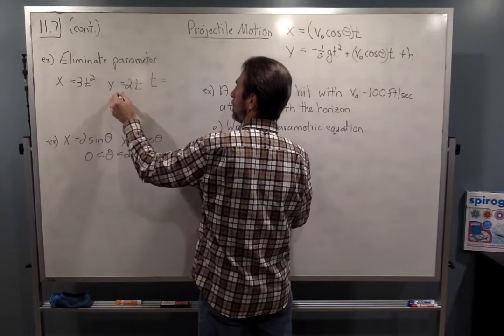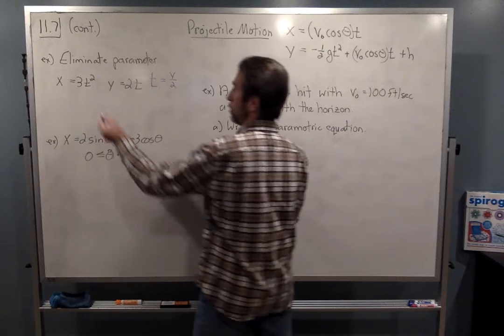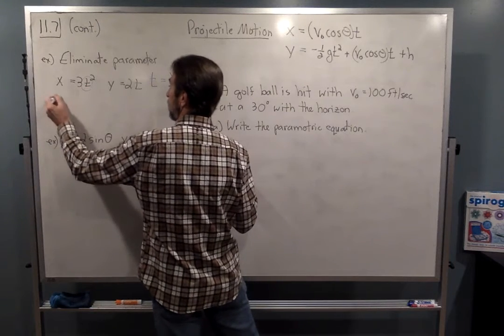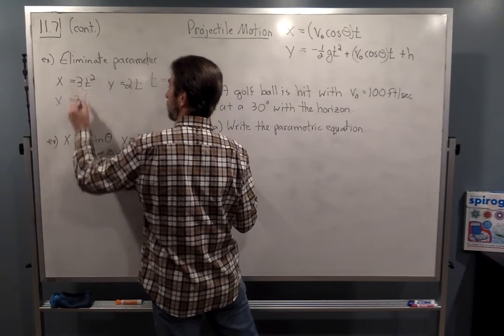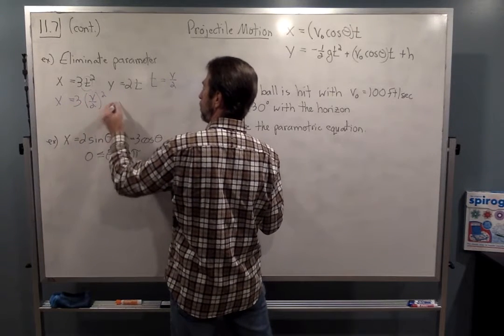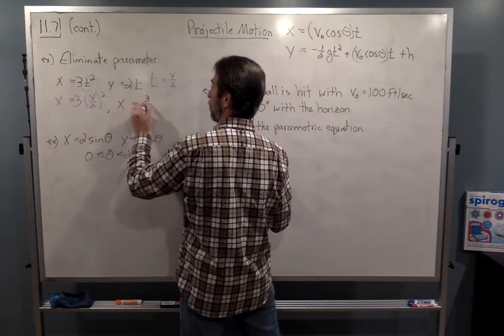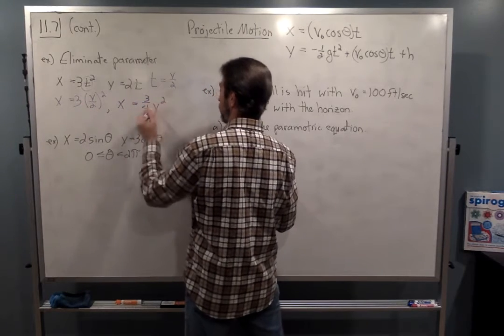T is just going to be y over 2. So now we substitute y over 2 here. We get x to be 3 times y over 2 squared, which would be x equals basically 3/4 y squared.